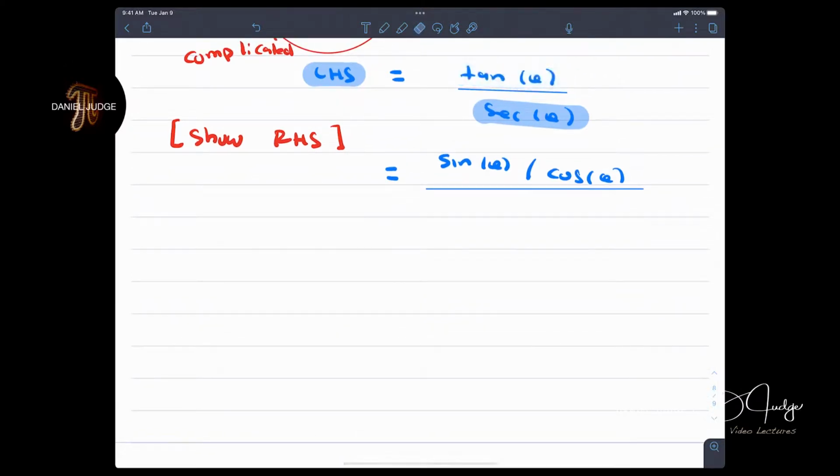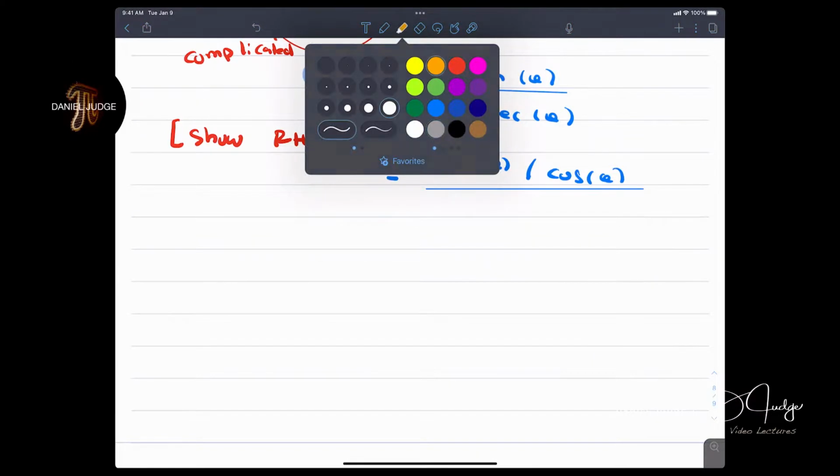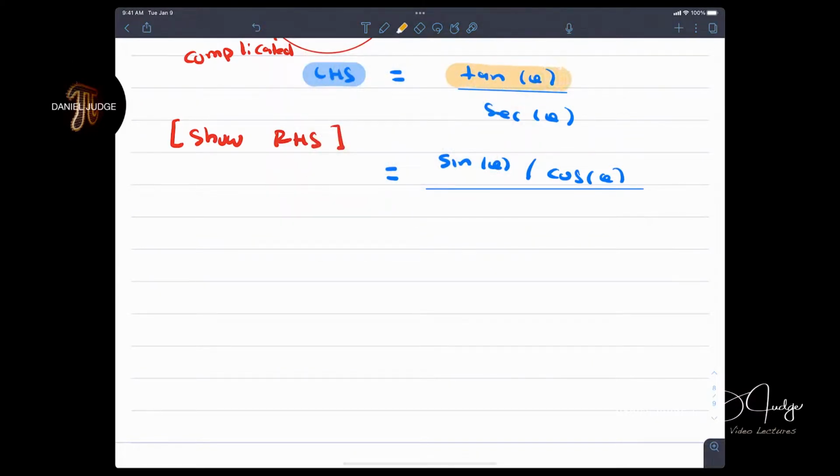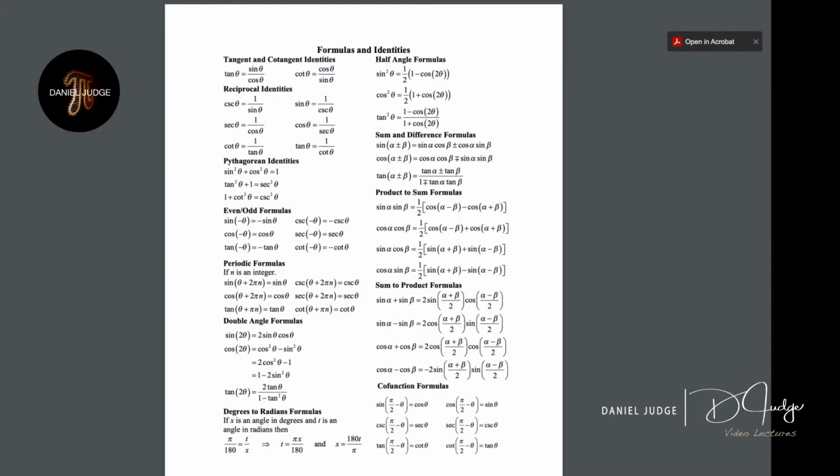So if I start to do some different coloring scheme, tangent theta, sine over cosine, that's all we did. Secant theta, 1 over cosine theta. So I'm using the identities, ladies and gentlemen, on the identity sheet.